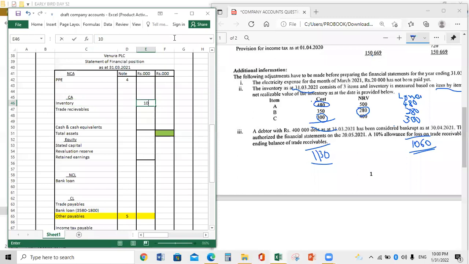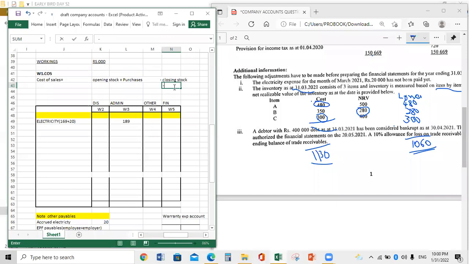Always remember the cost of the closing stock should go to cost of sales. The cost of the closing stock, where will you record? Working number one, cost of closing stock, you should record the cost.